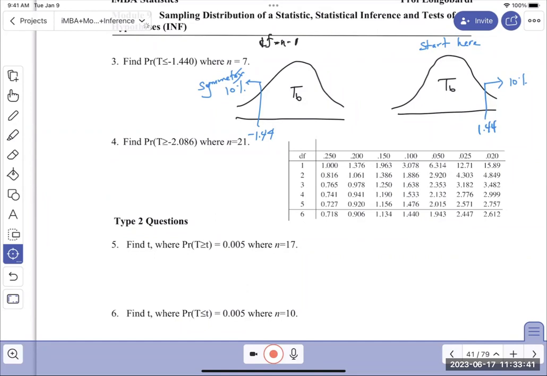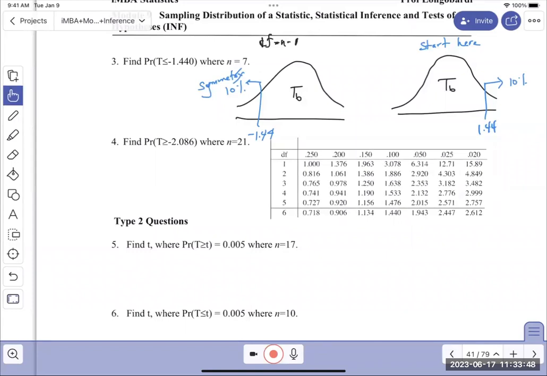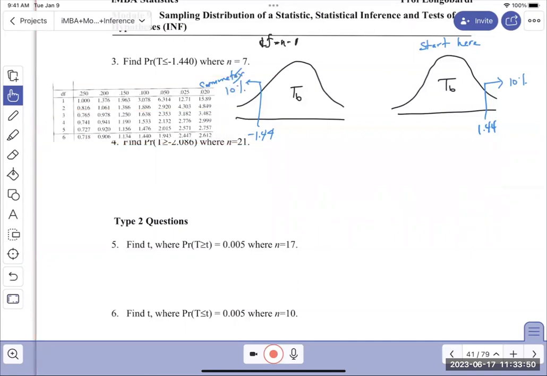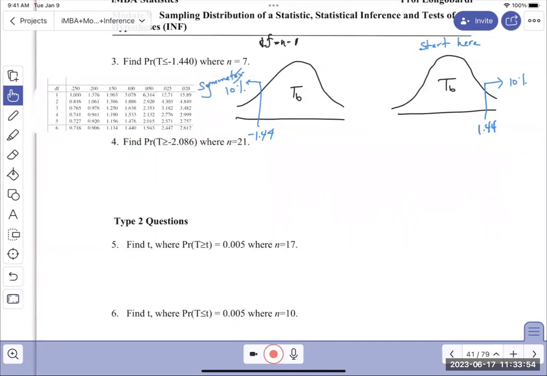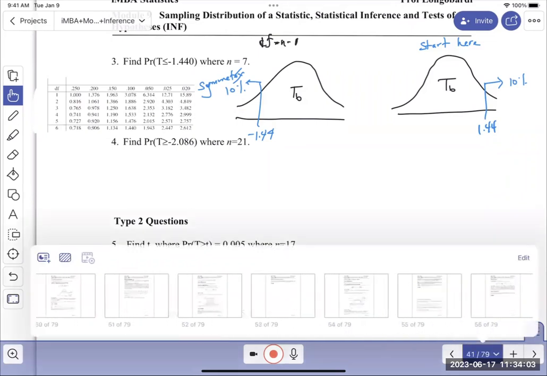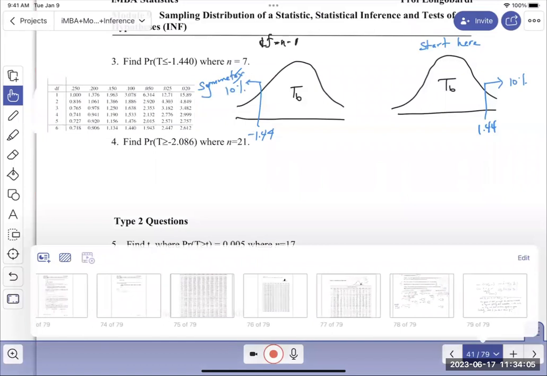Okay, so then what about T20? Let me move this over here. Now I'm going to grab T20.